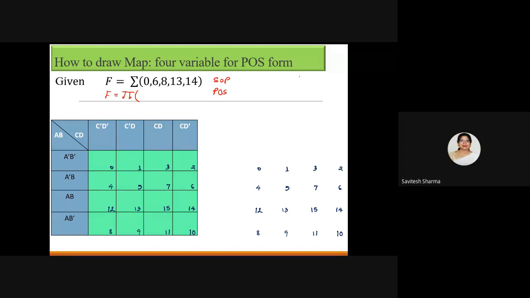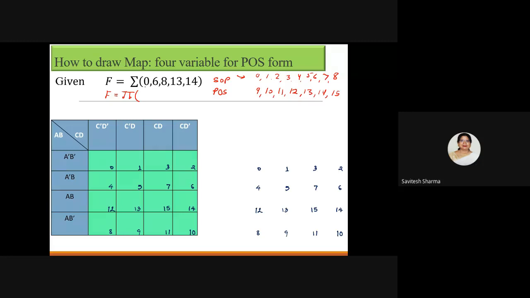So what will you do? You see the numbers 0, 1, 2, 3, 4, 5, 6, 7, 9, 10, 11, 12, 13. I am writing the decimal equivalents for the 4 variable combinations. These will be the min terms, or you can say max terms, and you want to get the POS form.